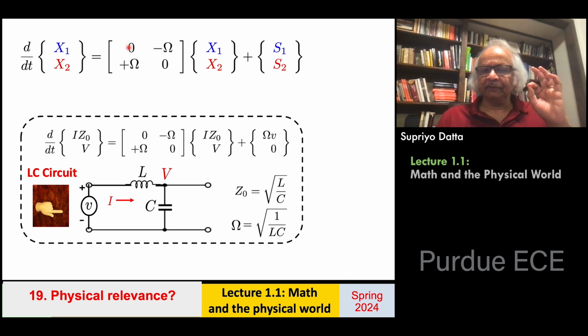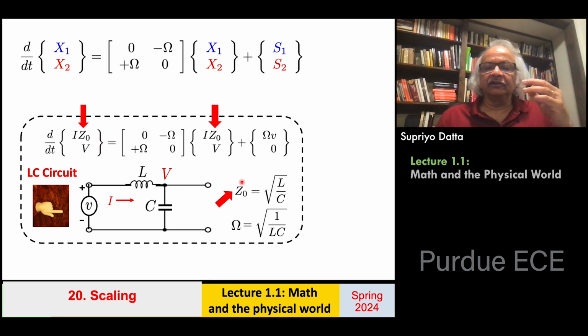But one thing I should mention is that in order to get it in this form, where these terms have exactly the same magnitude, you notice I have an omega here and an omega there, I actually had to scale the current with a variable z0. And I chose the z0 in such a way that these two become equal.